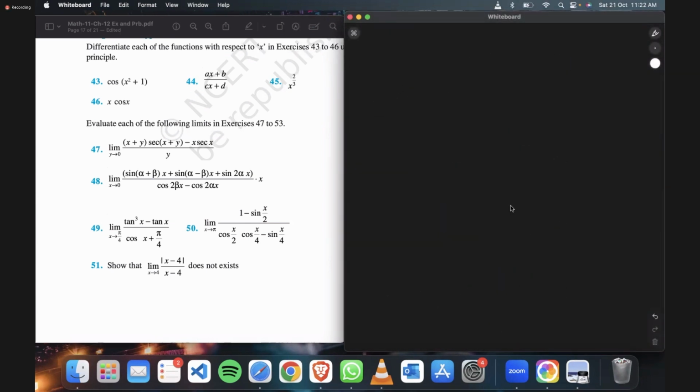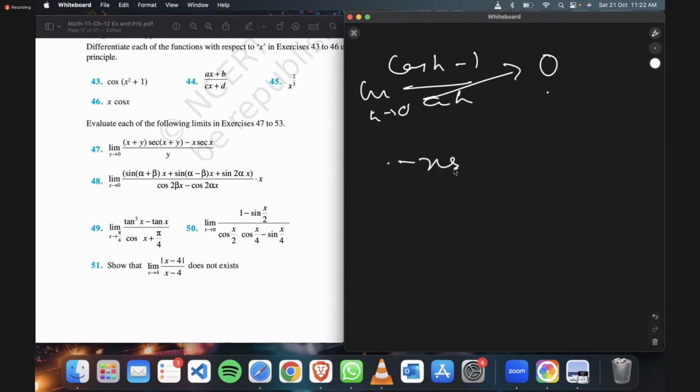Since there was a (cos h minus 1) by h and h was tending to 0, this part will be equal to 0. So that first part will go to 0. For the next part, we had x sin h upon h, and that limit will be 1.